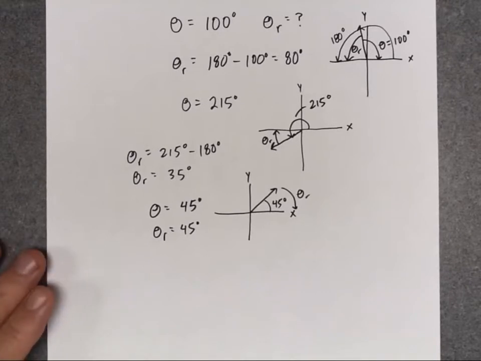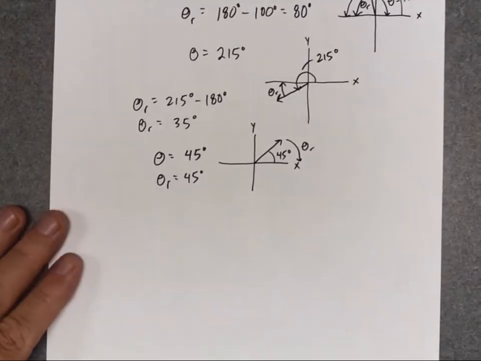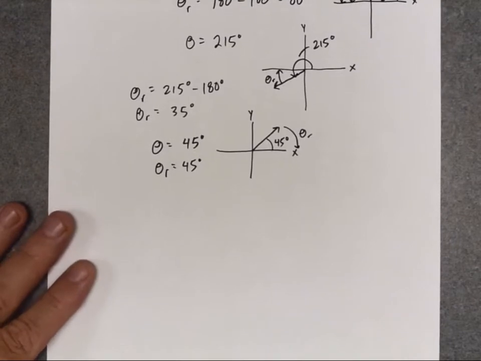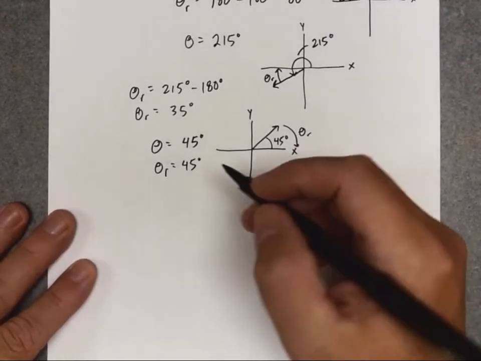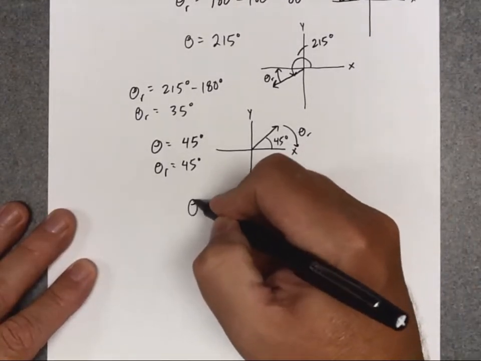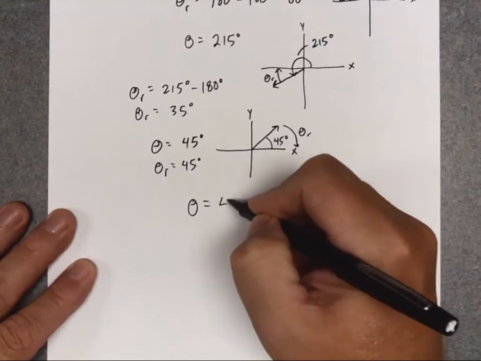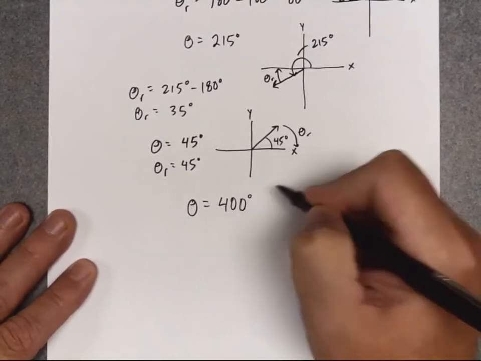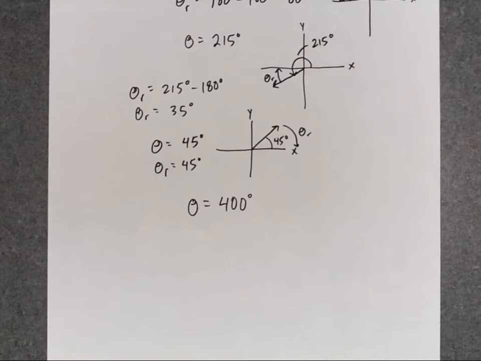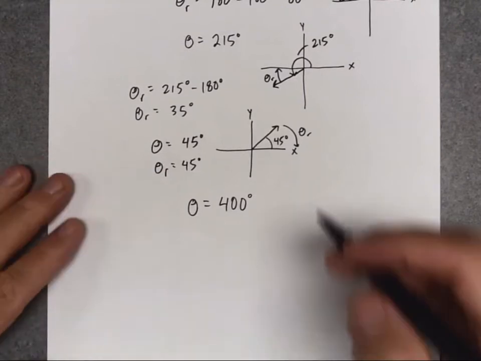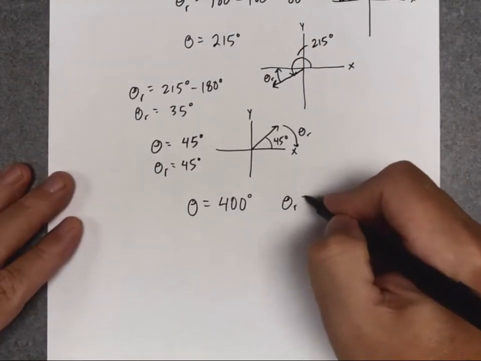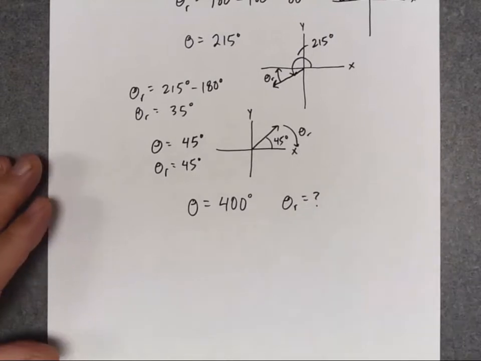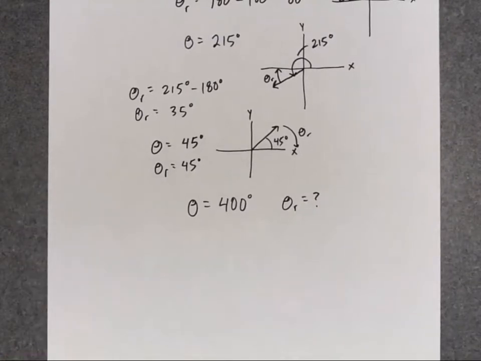Now, just for fun, hopefully you're getting this now, let's add a little complicating factor. How about if I say I've got a 400-degree angle, and I want to know what the reference angle is.